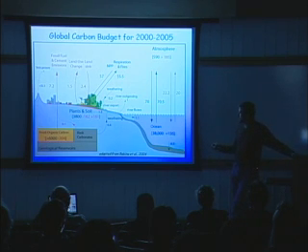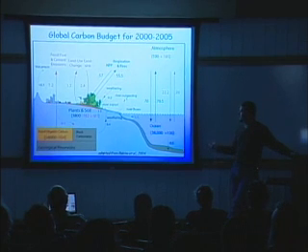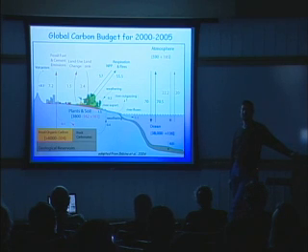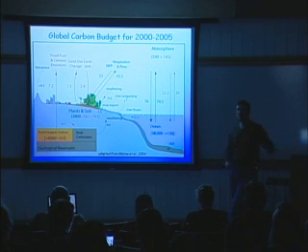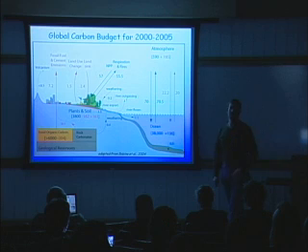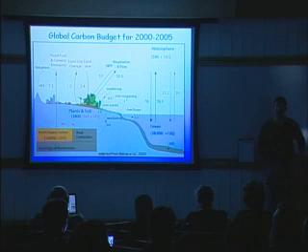But what I want you to focus on here are the values in the square brackets. These are the reservoir sizes. The thing to note is that if you look at the amount of carbon stored in the ocean compared to the atmosphere or the terrestrial biosphere, of this three-component system, these are the three components that exchange carbon on time scales of years to decades to centuries, almost 90% of all the natural carbon in the world is actually stored in the oceans.